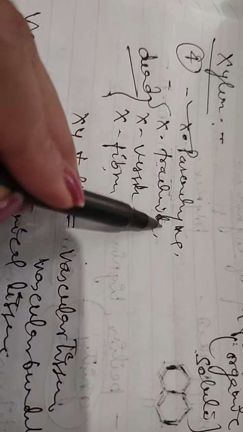As I told you, they have four different types of cells: parenchyma, tracheids, vessels and fibers, and parenchyma is the living one. And all other xylem elements are dead and bounded by thick lignified walls. Lignin, I think you all know, as I explained earlier in another video.